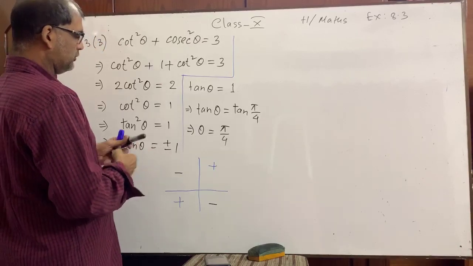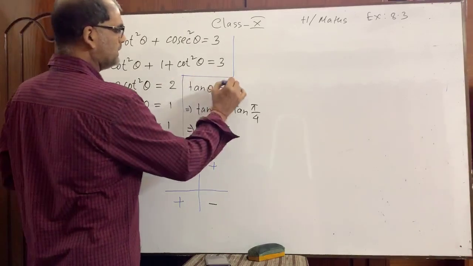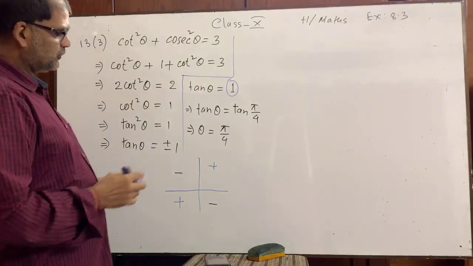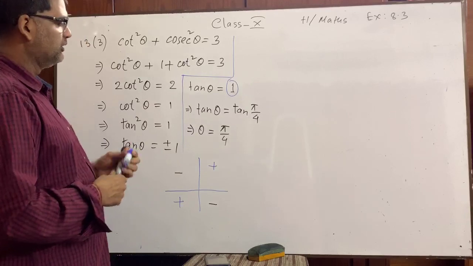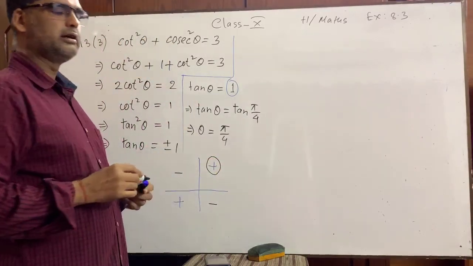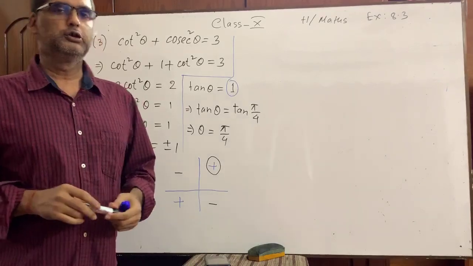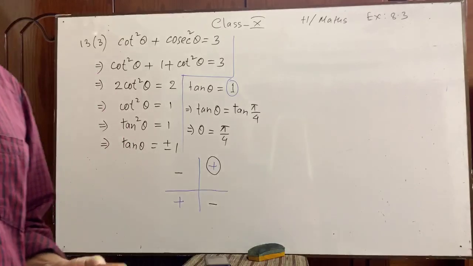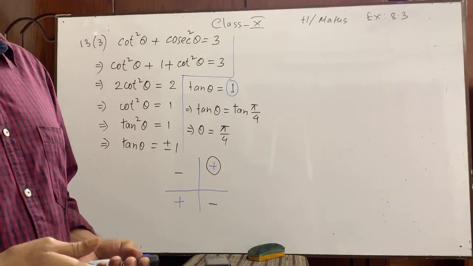So this is the value 1, which is positive, right? So we have found this value in the first quadrant where theta lies between 0 to pi by 2. Okay?